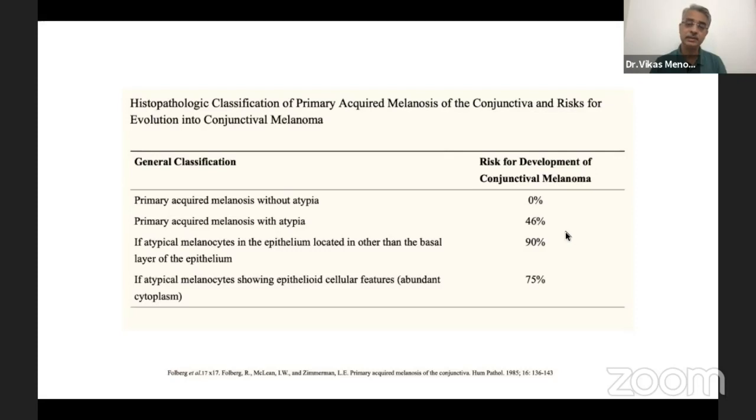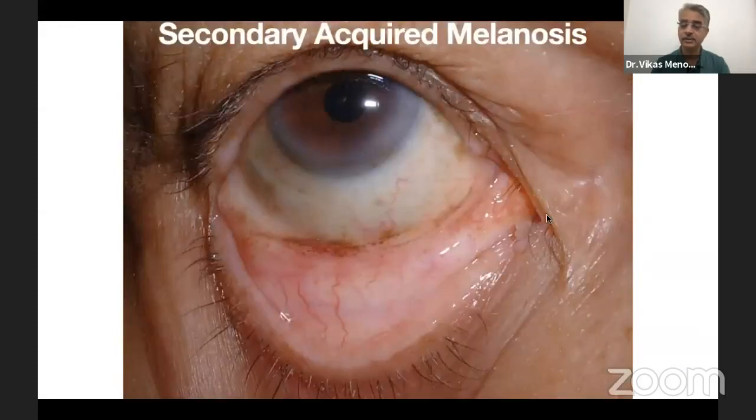There may be PAM lesions which don't have any atypia. So those are safe, and those cases may not have any risk of conversion to melanoma. But PAM with atypia is definitely significant. So this is an example of secondary acquired melanosis in a patient on anti-glaucoma medications for a long time. Sometimes you look into their fornices and they will have some pigmentation, but there will always be a history of long-term use of some sort of medication.